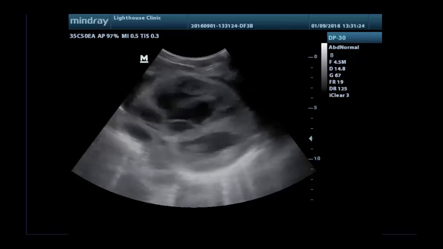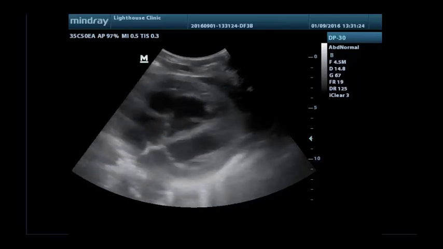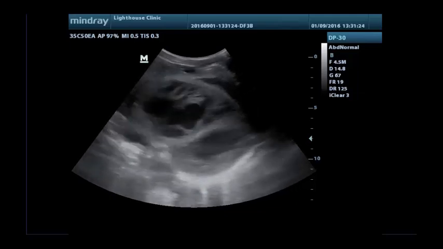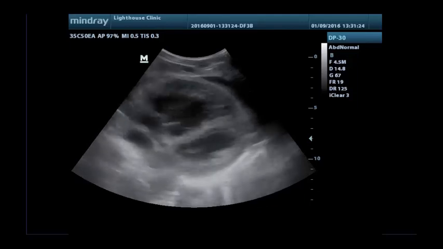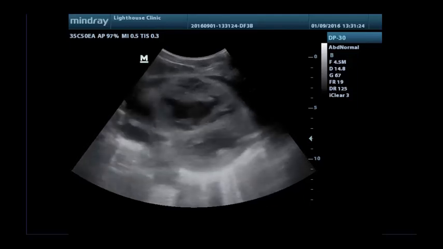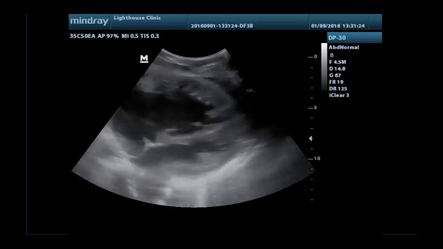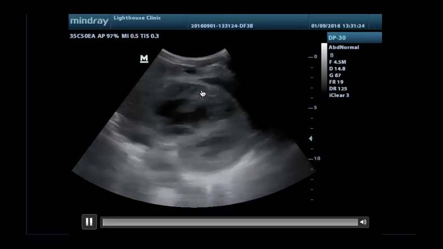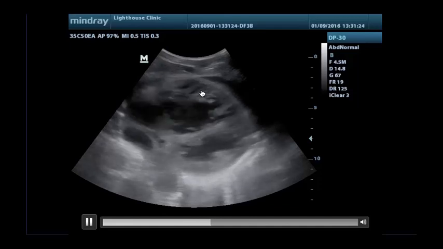But what is definitely the case is that we have an increased right heart workload. We have increased pulmonary pressure, and when you look at the free wall of the right ventricle, you can see that it is quite muscular. It's quite thick. It's very trabecular.